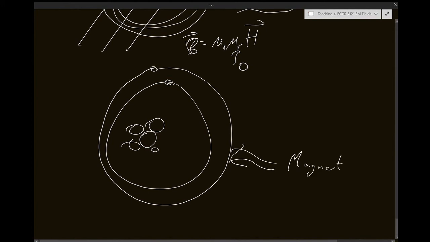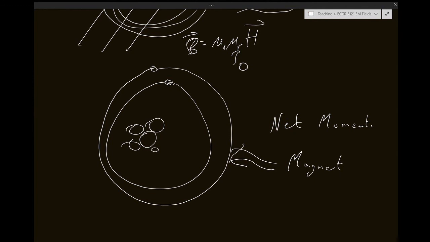The atom itself has some net moment. So it doesn't have a moment in diamagnetic materials. The slight moment that opposes the field arises due to the effect of the field, right?